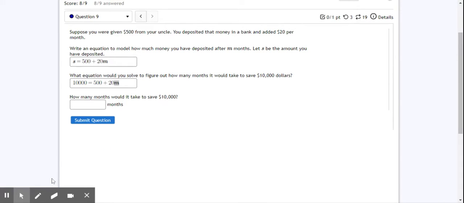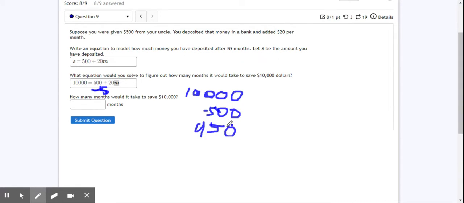So, how would we solve this? Well, there's a couple of ways. You could use algebra. If you use algebra, you would take your $10,000 and you would subtract 500 from both sides. I can't write with a mouse. Okay, so that gives me 9,500.